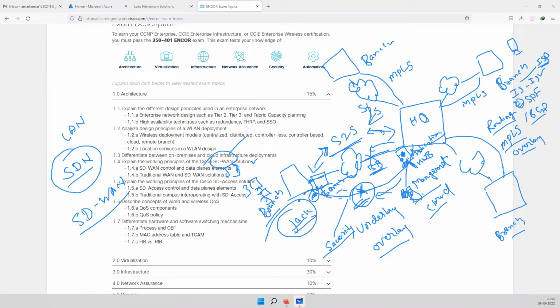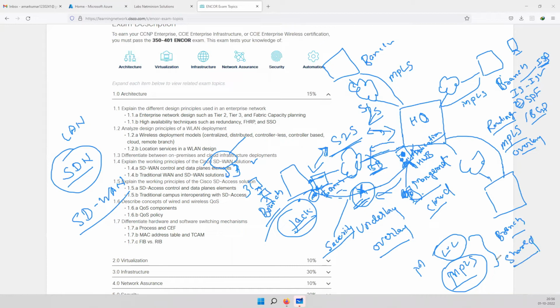If I say MPLS, it's not a dedicated line, right? Dedicated line is lease line. Lease line is also dedicated, and MPLS is also dedicated. If you purchase the MPLS line, both are dedicated. These are not shared.